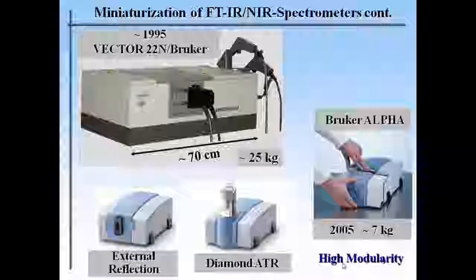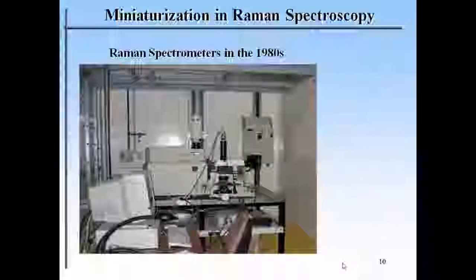This is an FT-NIR spectrometer. This is a Fourier transform infrared spectrometer, and you can exchange these modules in order to measure in transmission, in attenuated total reflection, and in external reflection technique. Same, this was mid-infrared and near-infrared. Same in Raman spectroscopy.